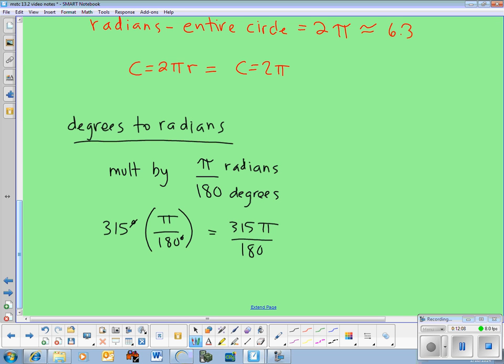Then I need to simplify 315 over 180, and what do I get there? 315 over 180, that's 1.75, or, let's see, that is 7/4. So another way to say this would be 7 pi over 4. So, according to this, 315 degrees is the same as 7 pi over 4.